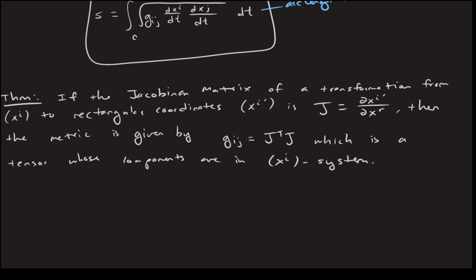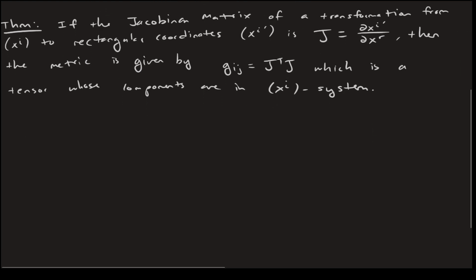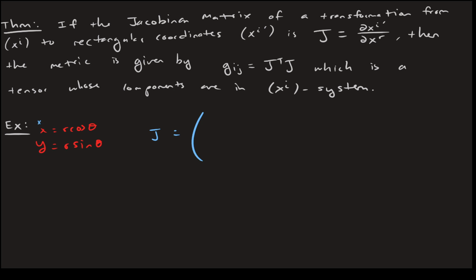For example, say x equals r cosine theta and y equals r sine theta. Then J would be the matrix. Differentiate x1 prime, which is x, x2 prime, with respect to x1, x2.